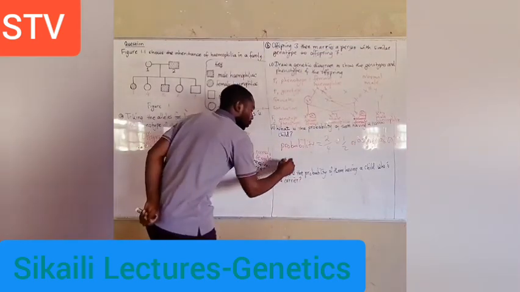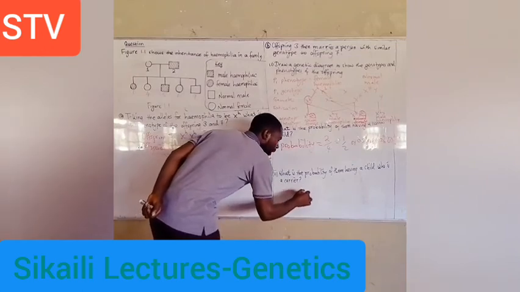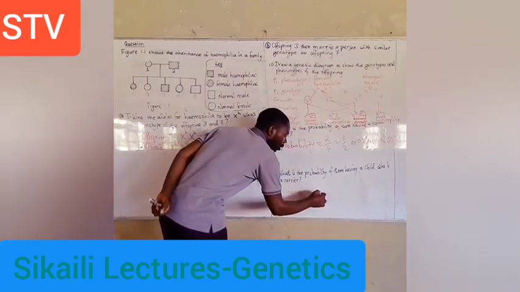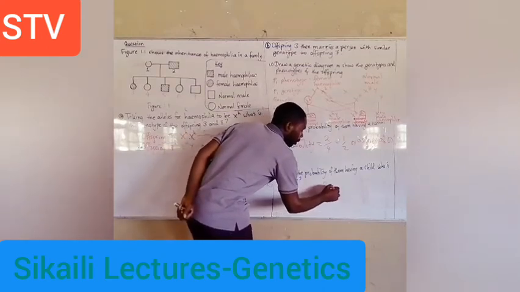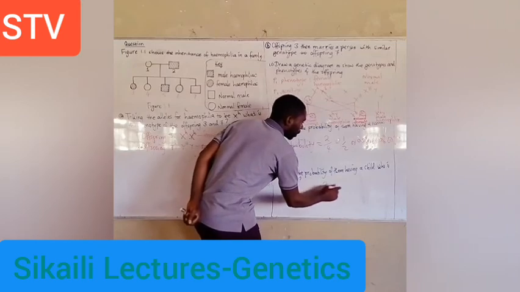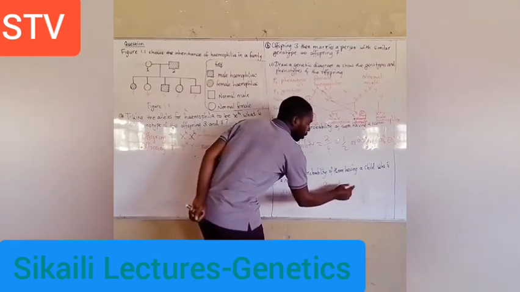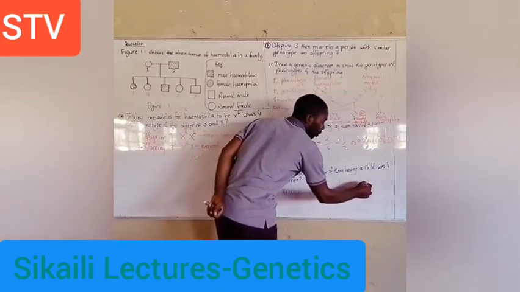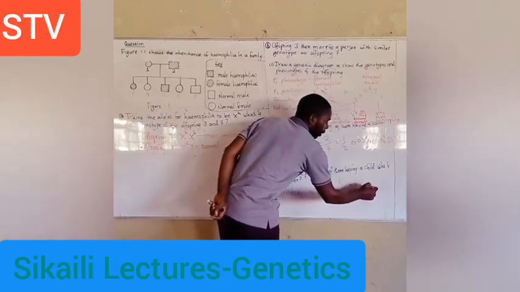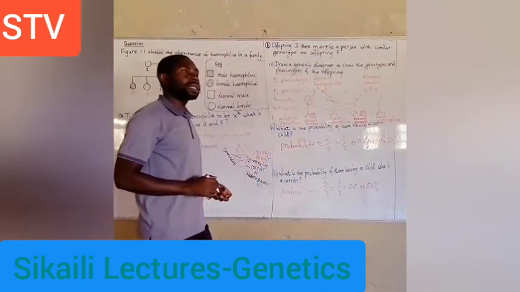So again, probability is equal to 2 over 4, which is 1 over 2, or 0.5, or 50%, just like we did here. That is one thing that you should know.